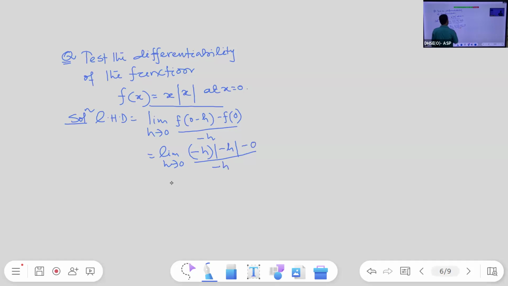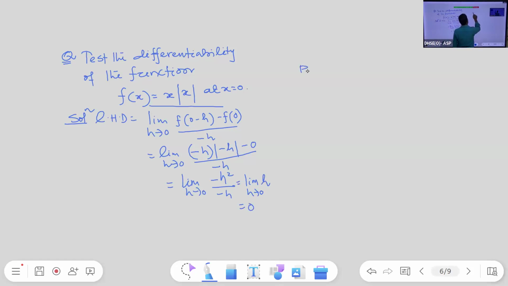Mod of minus h is h. This is equal to limit h tending towards 0, minus of h square upon minus h. Minus minus cancels. h square upon h is h. Limit h tending towards 0, h is equal to 0. So left hand derivative of the function exists and it is equal to 0.